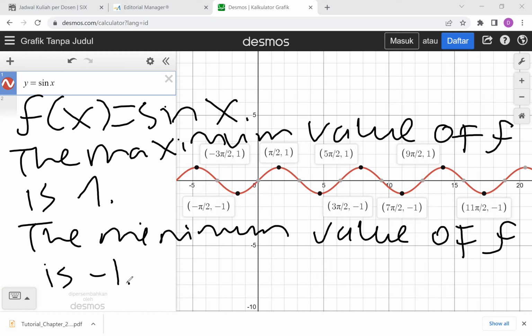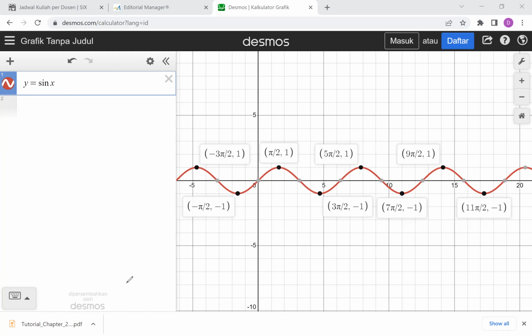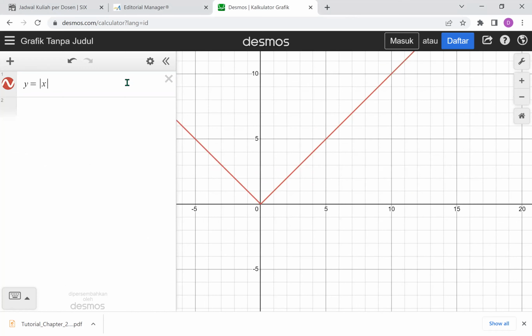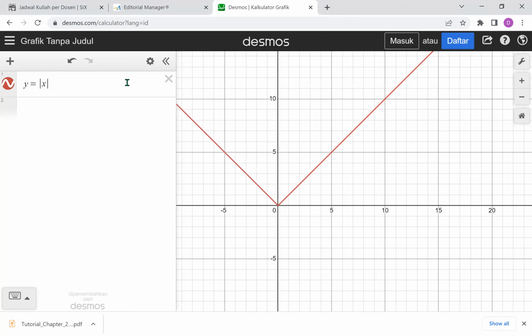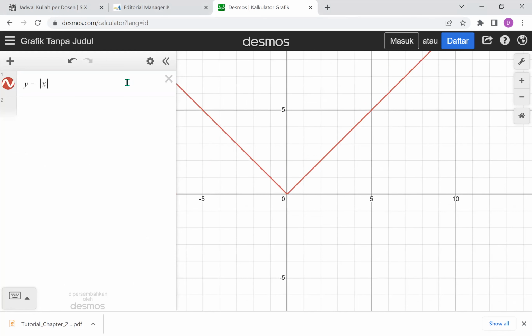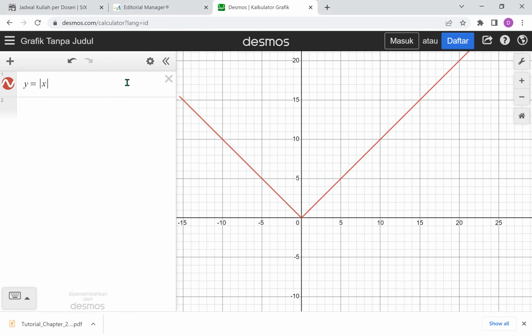So for the next one, we may also check the maximum value or the minimum value of the function, but only on a certain interval. For example, if I consider y equals the absolute value of x, you may consider this for all real numbers, but you'll see that over all real numbers it only has the minimum value, because it's unbounded.